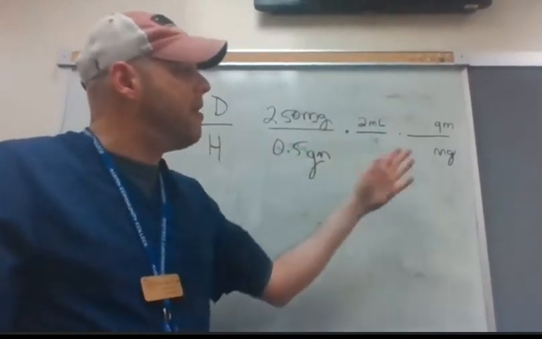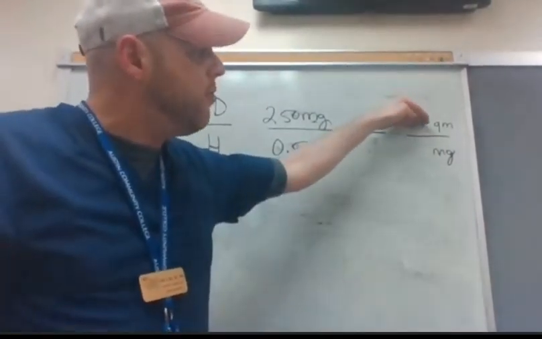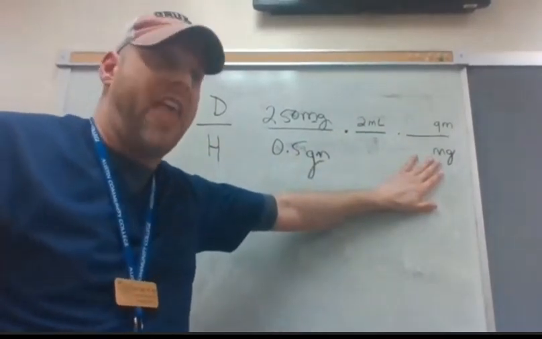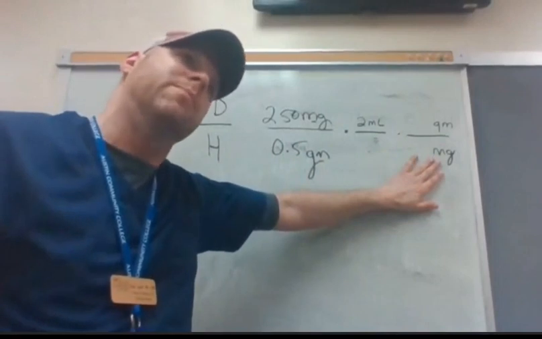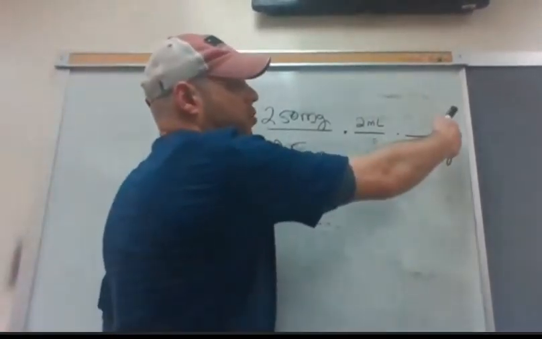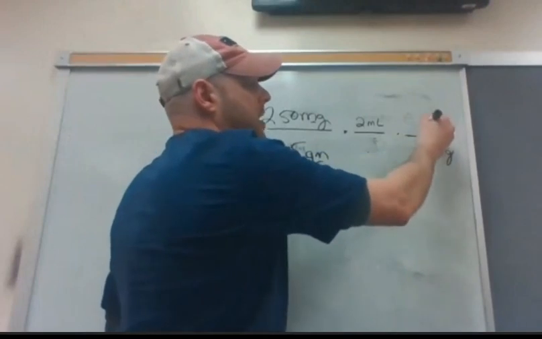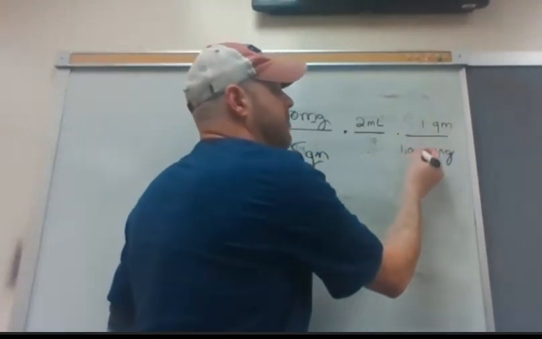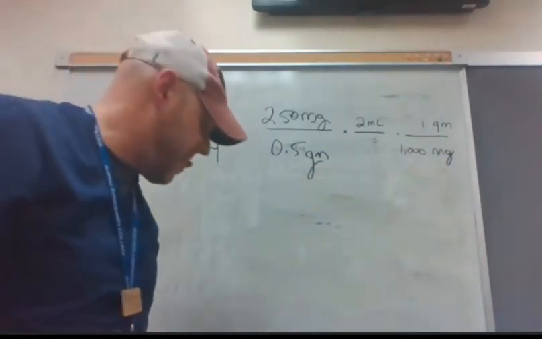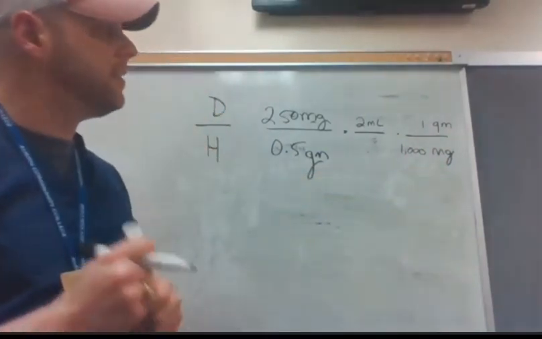But I need to know, where am I putting my 1,000? With the grams or milligrams? Well, Brian told you the 1,000 always goes with the smaller unit of measure. So which one's smaller, grams or milligrams? And I know that is milligrams is smaller, so I know where my 1,000 is, correct?